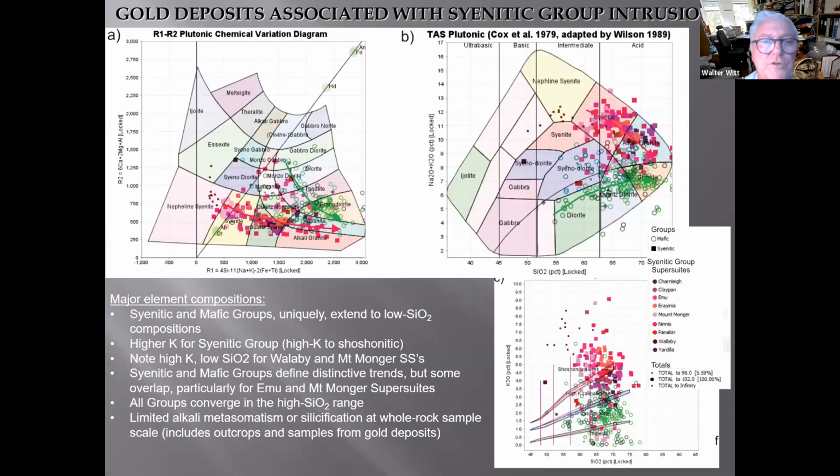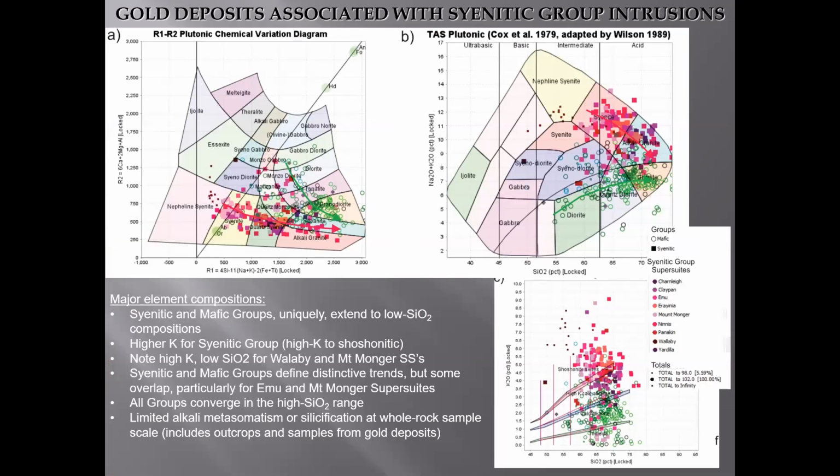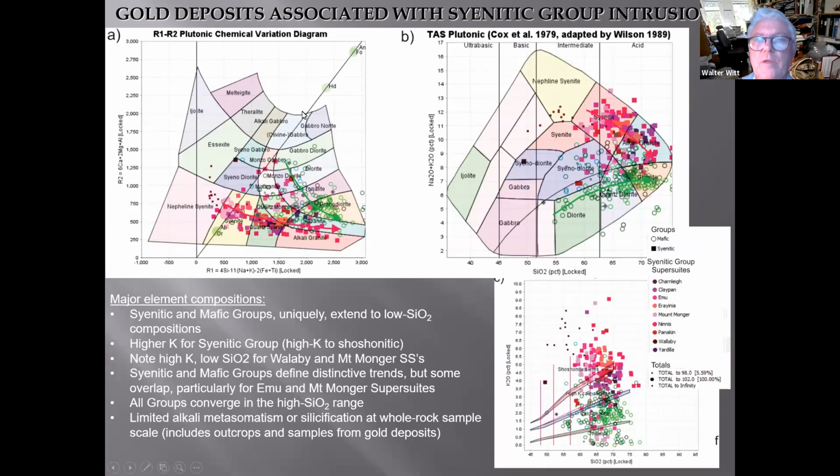Looking at whole rock geochemistry now, these various plots show both the syenitic group and the mafic group samples. The TAS, or total alkali silica diagram on the right, illustrates well that both the syenitic and mafic groups have an extended silica range going back to about 50–55% silica.